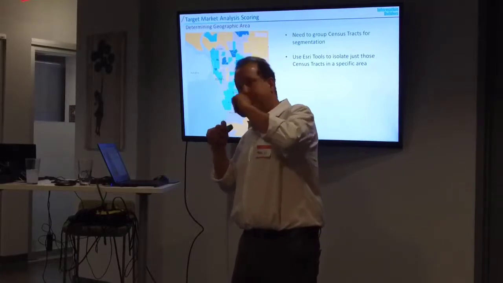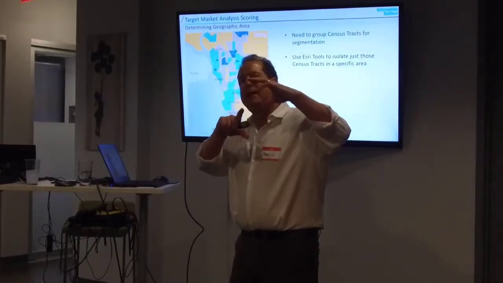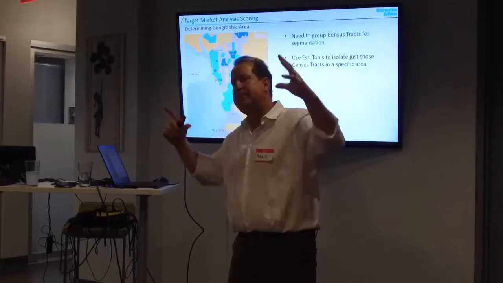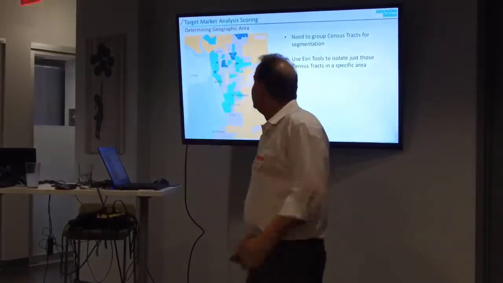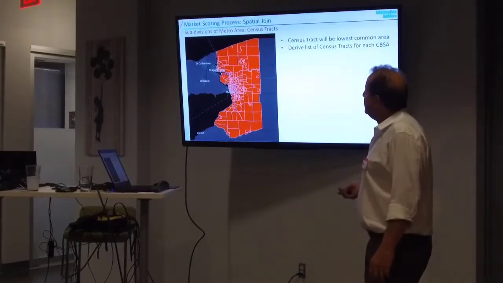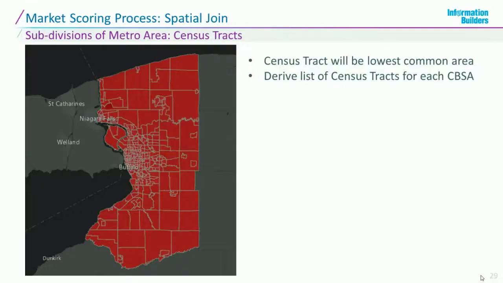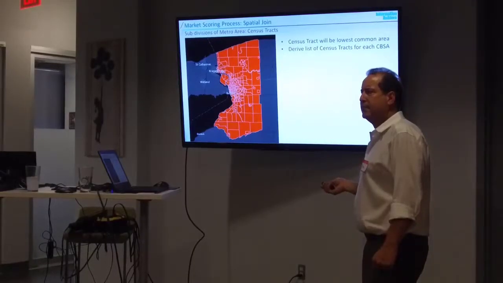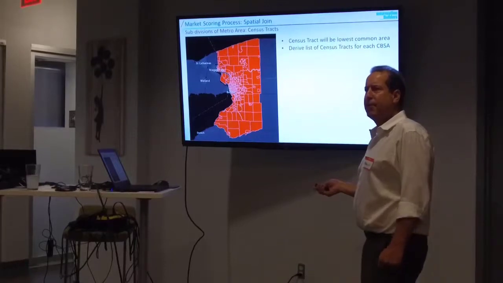Right? Find all the census tracts within this big circle, this big area. It's not a circle. This is what you come up with. So this is the subdivision. The census tracts are within the metropolitan Buffalo area. Right? Everybody with me so far?